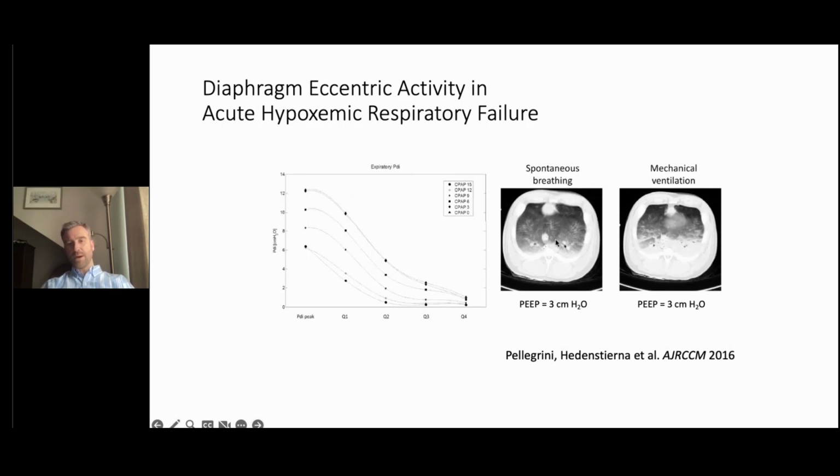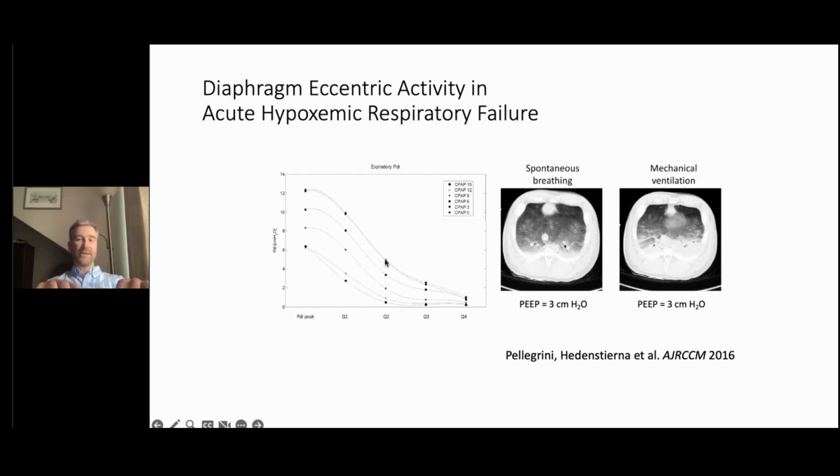But importantly, the way that the diaphragm prevents atelectasis from developing is by decelerating its contractile activity more slowly. If you look at the period of the expiratory phase, the transdiaphragmatic pressure is actually higher throughout than it is when the diaphragm is just relaxing following peak inspiratory effort. And so you see here eccentric loading conditions.